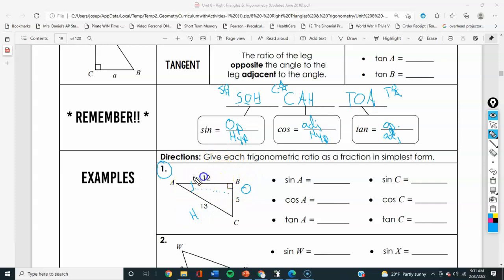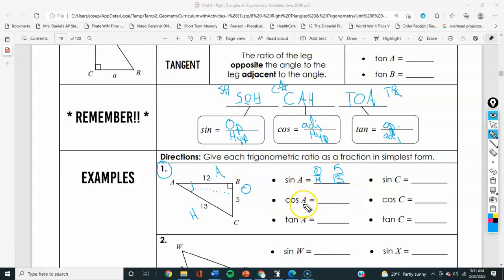And then the side touching A, this 12, is my A, my adjacent. So sine of A is O over H. Now all I do is look at the picture. My O is 5. My H is 13. There we go. That's my ratio.